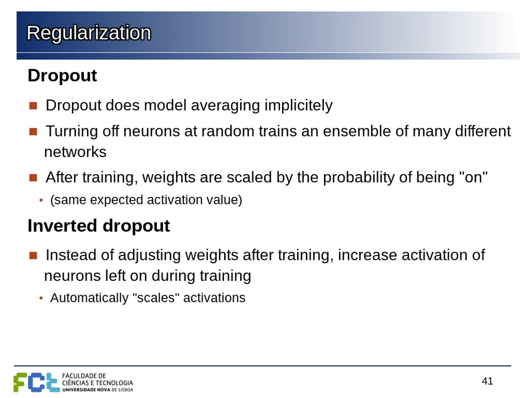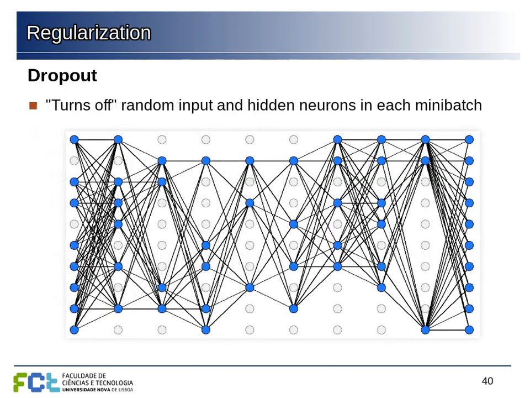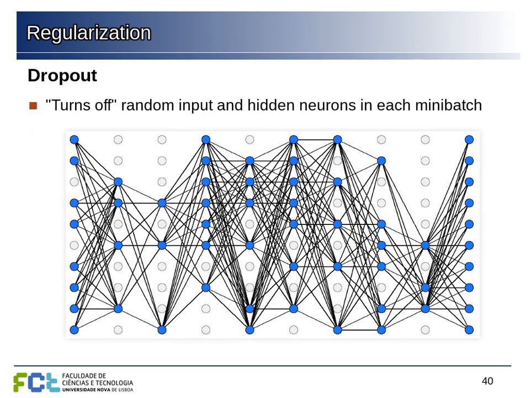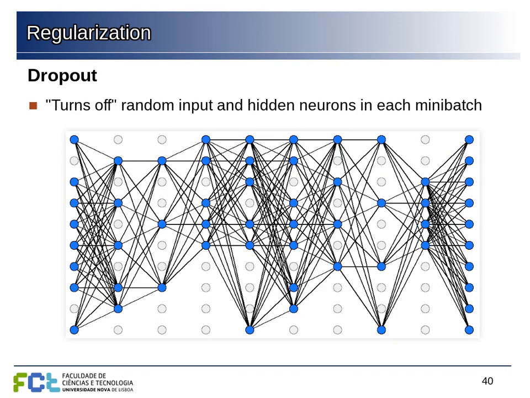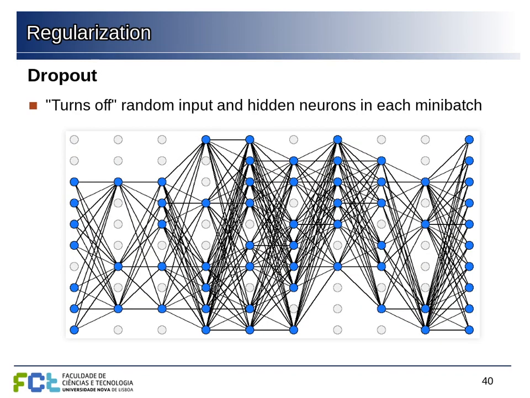Or in the case of inverted dropout, the adjustment is done during training, so no rescaling is needed after training. In any case, this is the general idea. We are turning neurons on and off during training, then we rescale the weights to make this equivalent to what it should be if all the neurons were turned on.